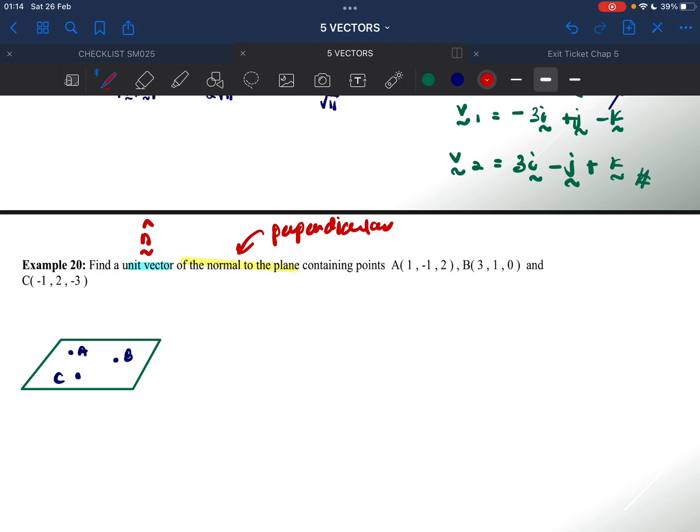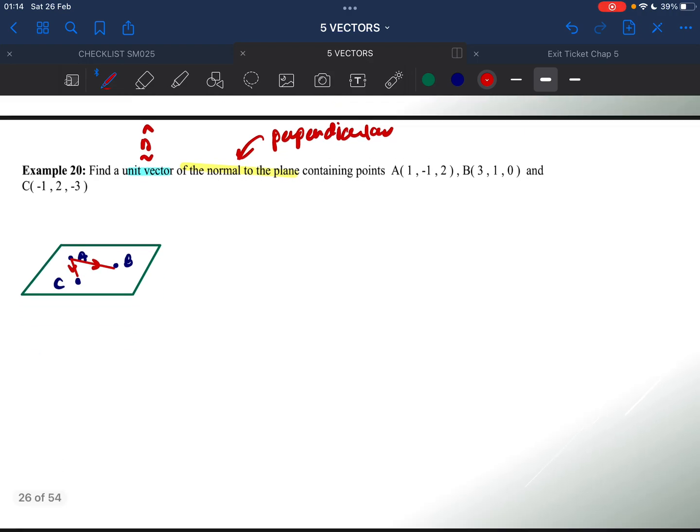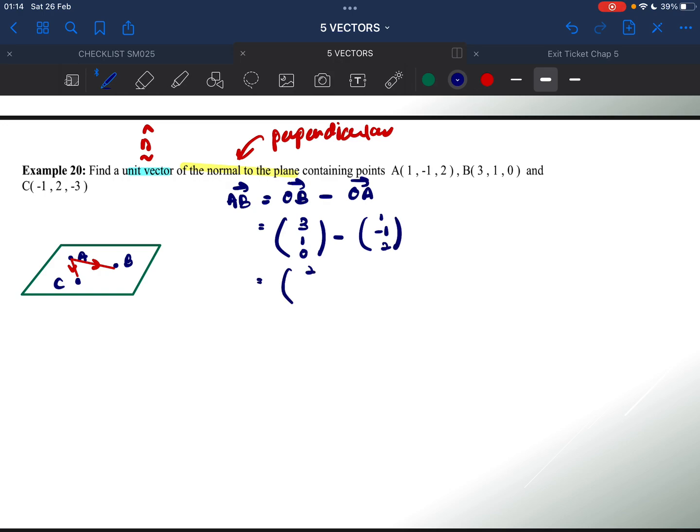So now we have to find the direction vector of AB and the direction vector of AC. Remember how to find the direction vector? AB equals O back minus O front, so OB minus OA. B here is 3, 1, 0, minus A, which is 1, negative 1, 2. So here we have the answer 2, 2, negative 2.